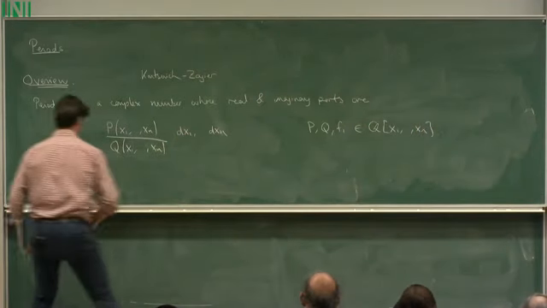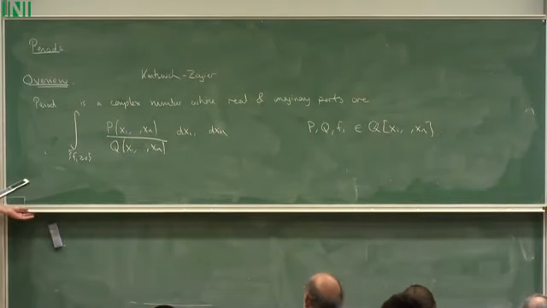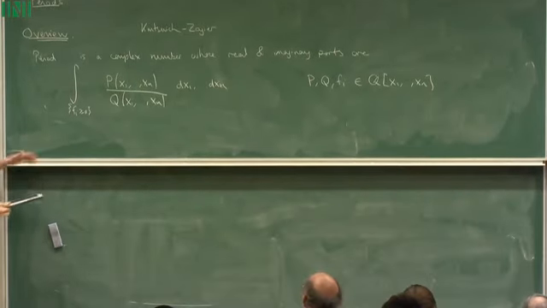So when it converges, it defines a number, a complex number, and they call that a period.